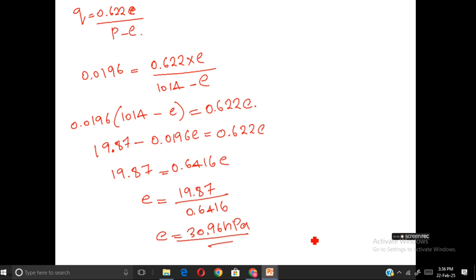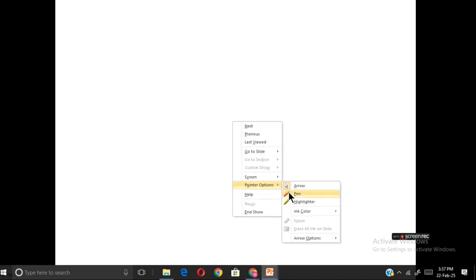So since now we have the value of vapor pressure from the equation, TV is equal to T into 1 plus E by P into 1 minus epsilon. We can find the value of TV.